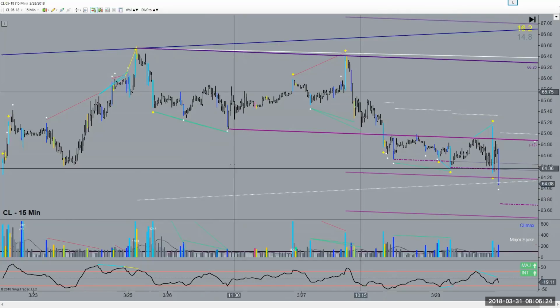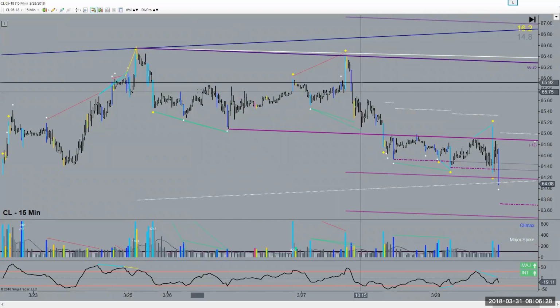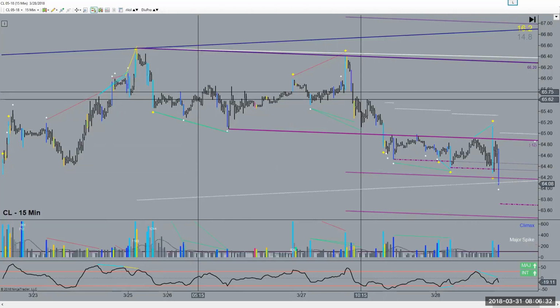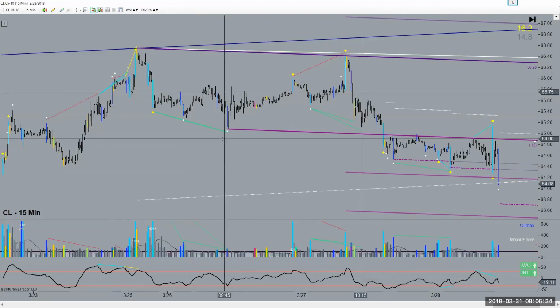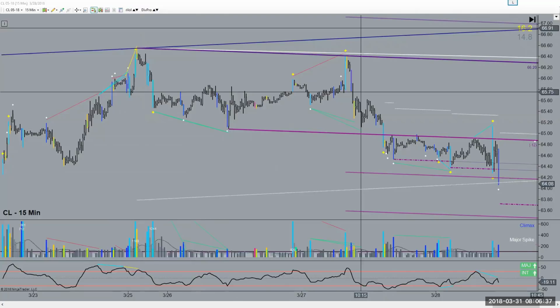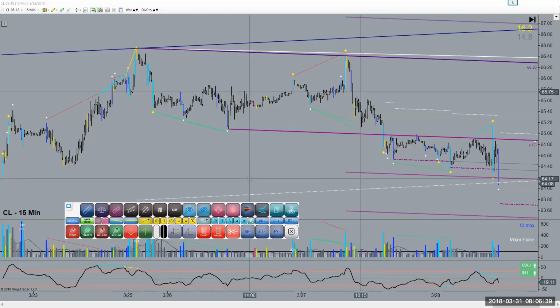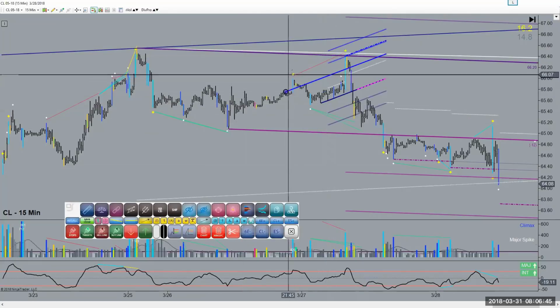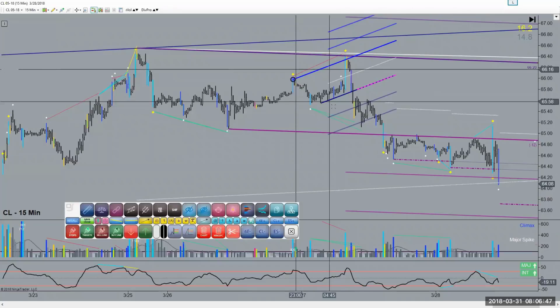As far as determining how and where you're drawing it, it's a function of the chart you're drawing on and the size of the swings. For instance, on this 15-minute chart, I wouldn't draw the market geometry using these little swings in here. I would draw that one on, say, the 5-minute.